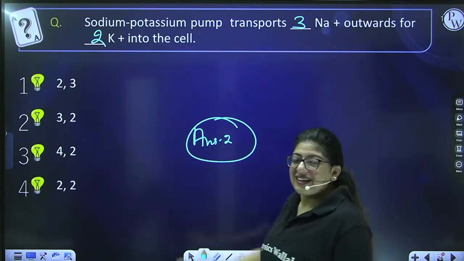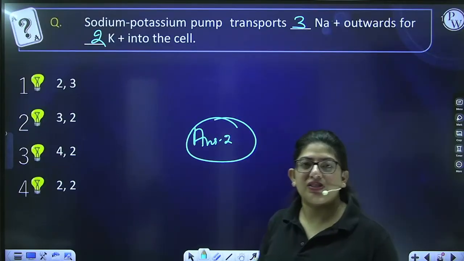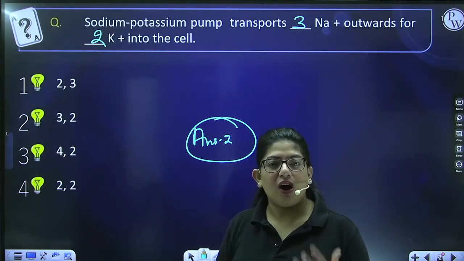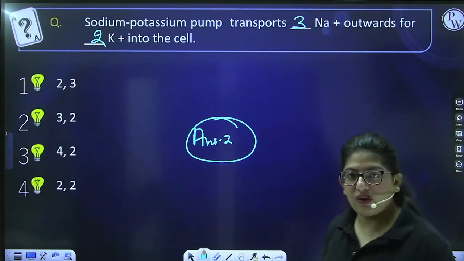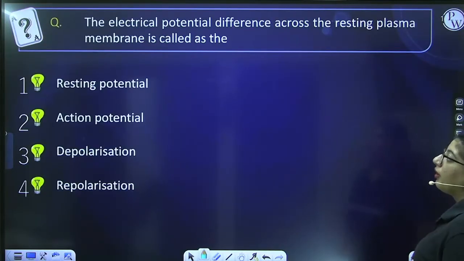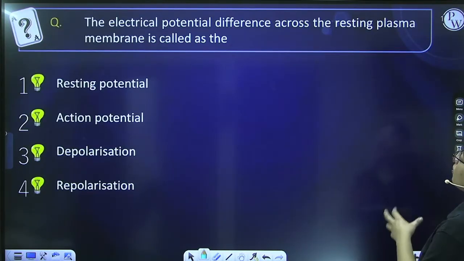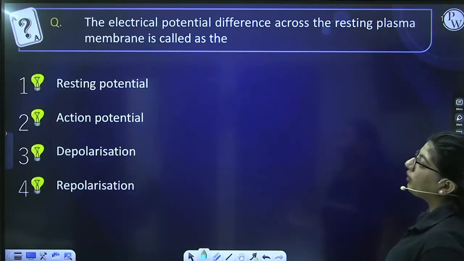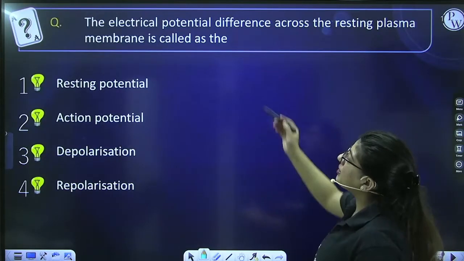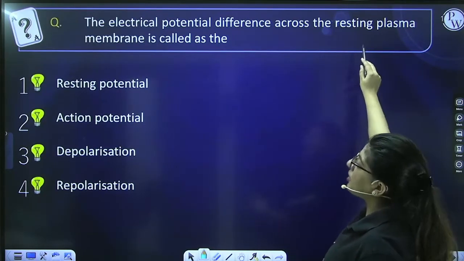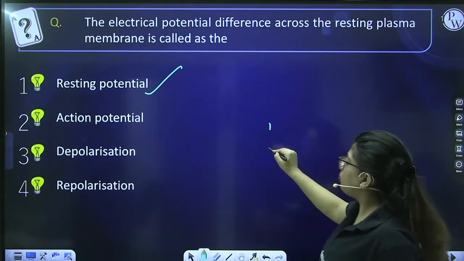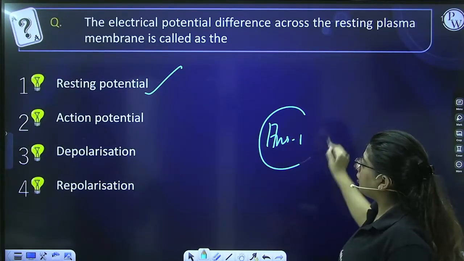So these types of questions are brainstorming questions that will make sure how nicely your concepts have been built. The electrical potential difference across a resting plasma membrane is called the, very simple, what do you call it as? It is the resting membrane potential or resting potential. Next.